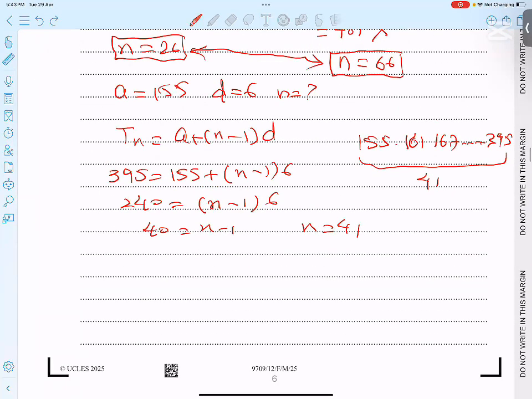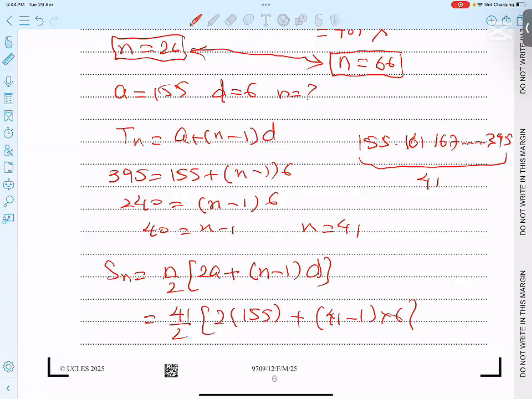So now find sum. What is sum formula? Sum formula is n divided by 2 times 2a plus n minus 1 into d. So I replace all values and difference is 6.